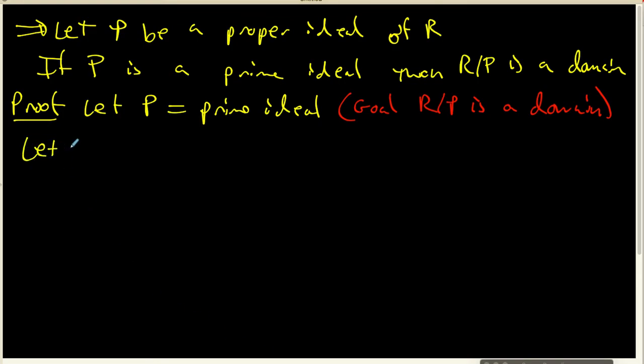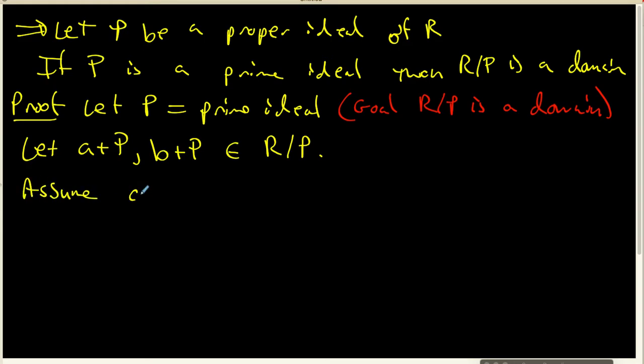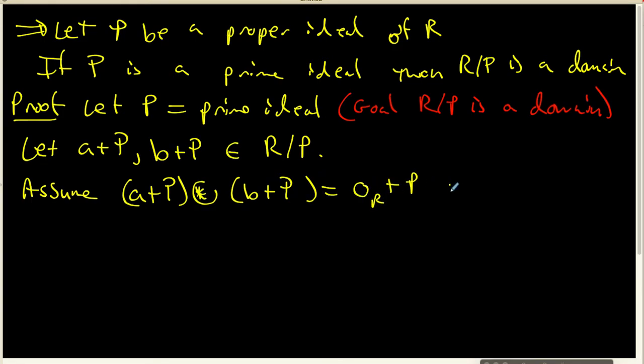We are going to let A plus P and B plus P be any two elements of the quotient ring R mod P. And we are going to assume that A plus P times B plus P is equal to the zero inside the quotient ring.